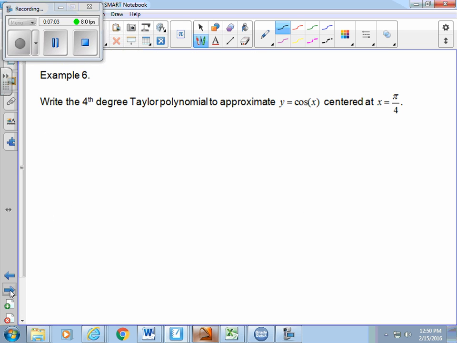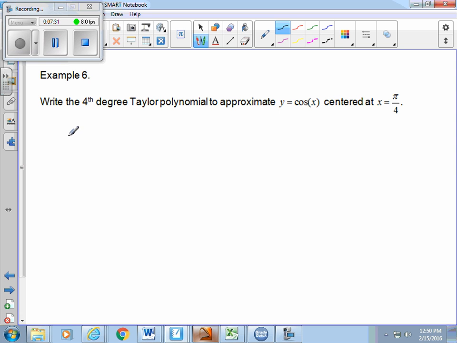So now we've done one not centered at 0. Write the fourth degree Taylor polynomial to approximate cosine of x centered at pi over 4. We have an approximation of cosine of x, but it's centered at 0. So it would approximate cosine really well close to 0, but instead I want an approximation of cosine close to pi over 4.